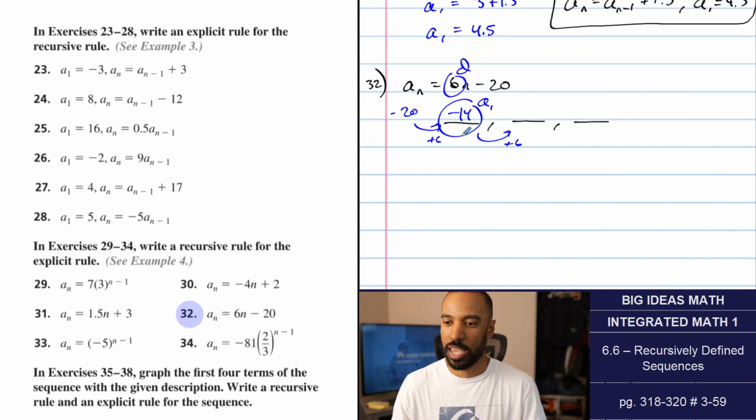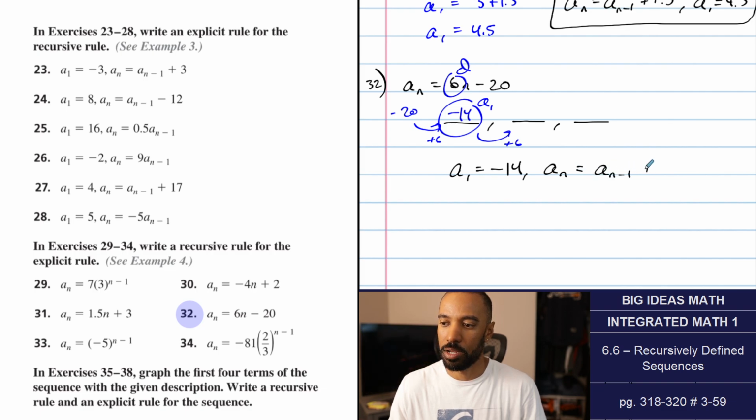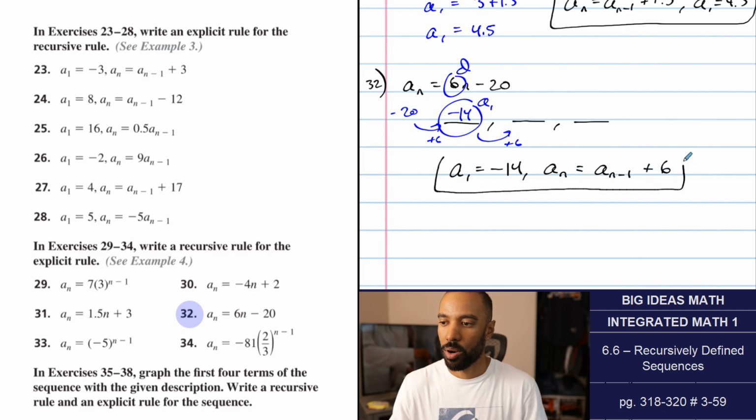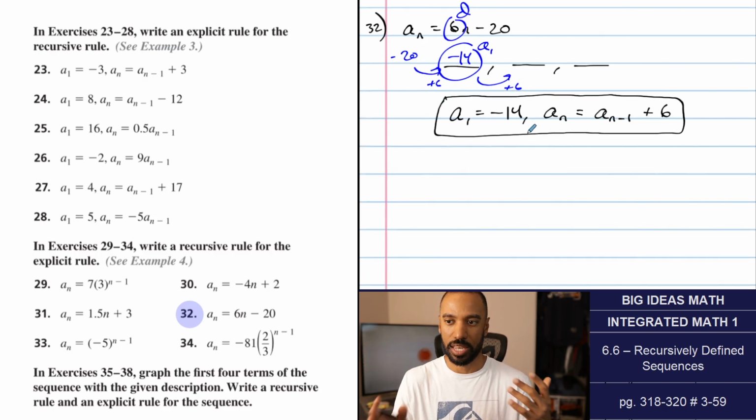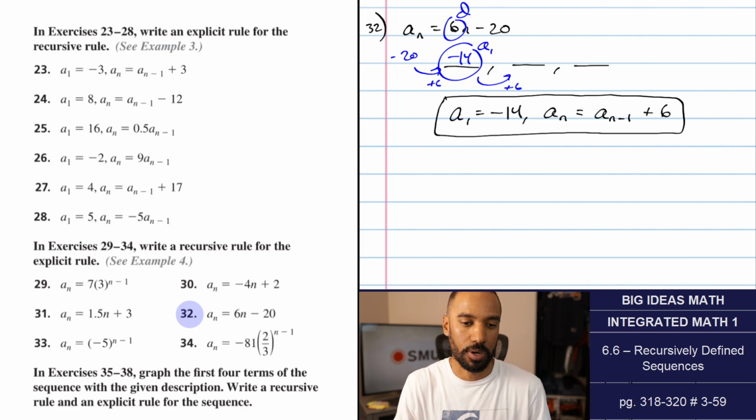So here we're going to state that a sub 1 is negative 14. This time I'm writing it their way. A sub n is a sub n minus 1 plus 6. So however it is you want to go about it, whether you're substituting 1 into your actual equation to figure it out, or you're understanding how this list is simplified and how that works out, is up to you.